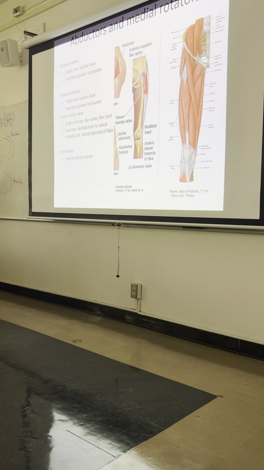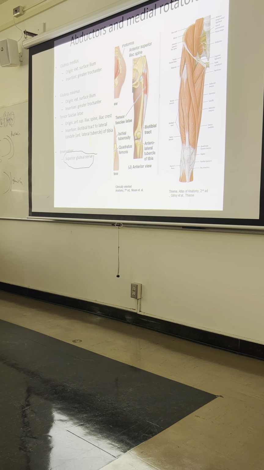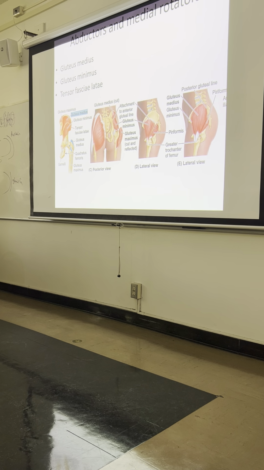And they play this really important role during bipedal locomotion of keeping our pelvis horizontal, okay? When we locomote on two limbs, if you damage the nerve to these two muscles, the superior gluteal nerve, then the pelvis will drop to the opposite side when you walk. Okay? And so you can see here glute med and minimus, why they function as abductors.